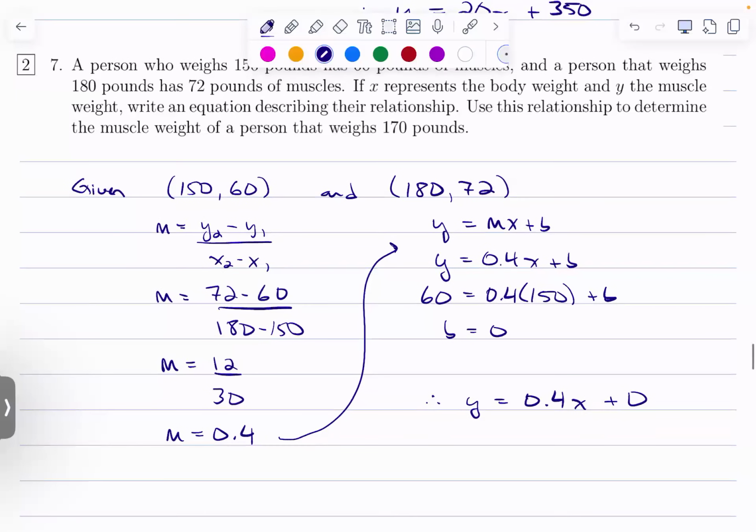And there was a follow-up. Use this relationship to determine the muscle weight of a person that weighs 170 pounds. So now x is 170. Kind of implied that you can map that, I guess.